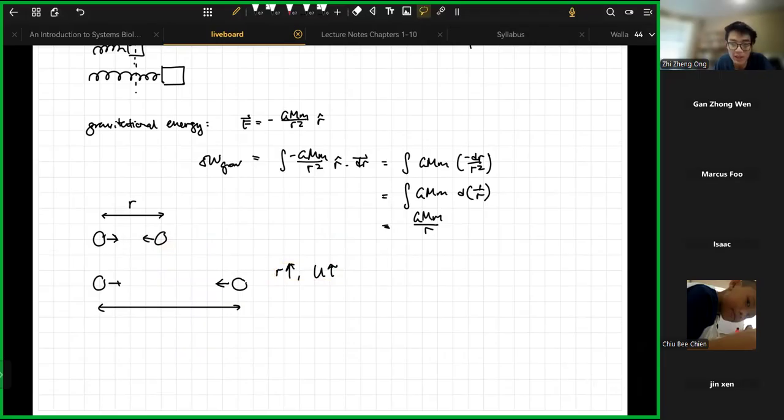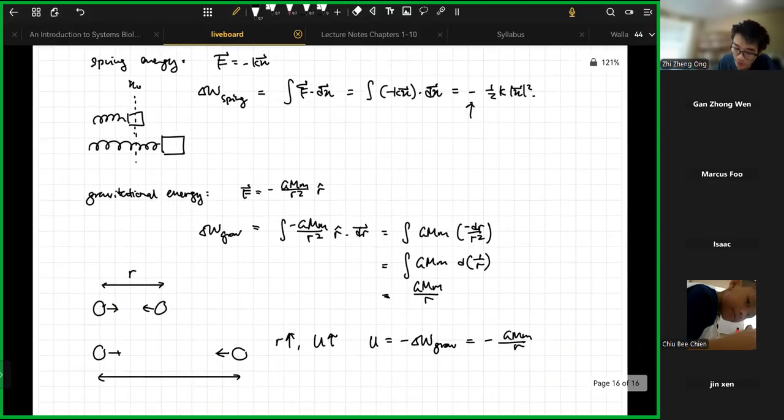You can be really poetic and talk about the external hand of God inserting energy into the system, absorbing it. Don't worry about it. Just slap a negative sign if you think it's necessary. So therefore, U is the negative of the W graph. So this will be the gravitational potential energy. And over here, same thing for the spring force.